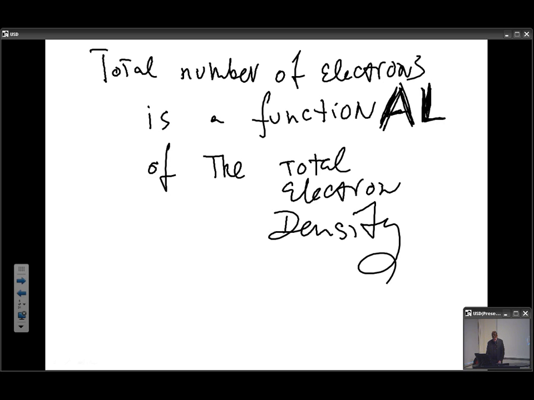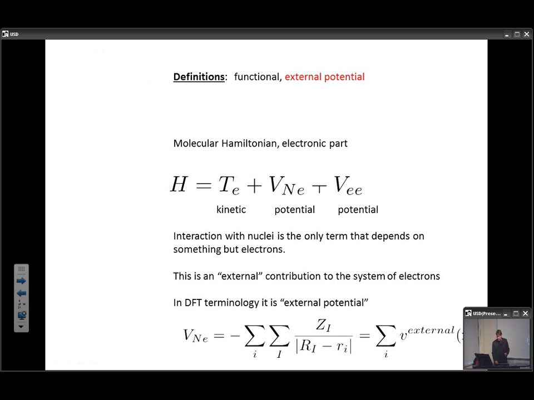So on the next slide, we are going to acquire a little terminology that was originally used by developers of this density functional theory. And this terminology refers to the molecular Hamiltonian, to the electronic part of the molecular Hamiltonian that we are solving for 75% of our course, except the first few lectures.